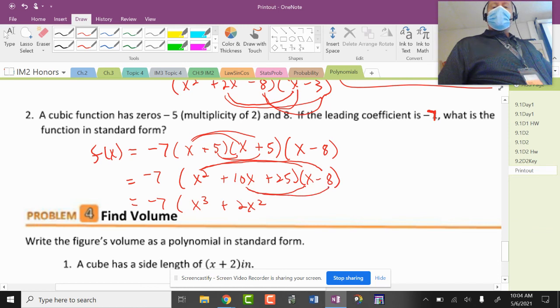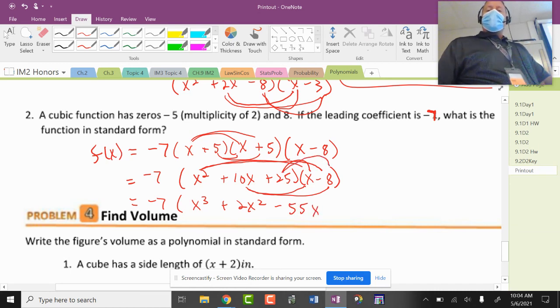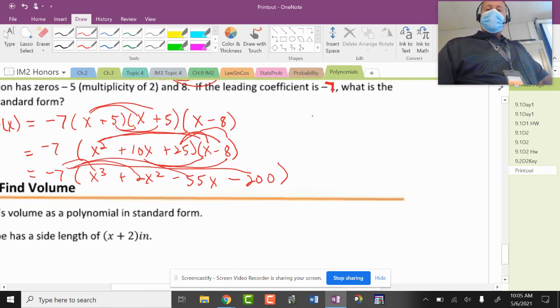A little bit bigger, -80x, positive 25x. -80, positive 25, -55. Make sure you get your negative. And then a little bit bigger, but hey, what's 8 quarters? Isn't that 200 pennies? So that's -200. All right, now you might need a calculator. -7 times -55 might be tough.